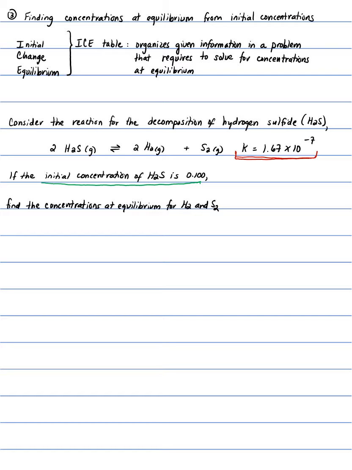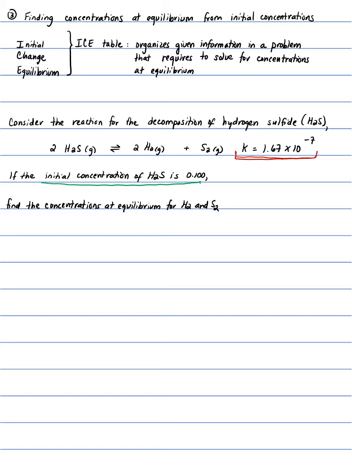What we're trying to find is the concentration at equilibrium for the two products. So we don't have any concentrations at equilibrium given. So we have to use the information that is given in the problem to find those concentrations at equilibrium. And the information that we have is an initial concentration and the numerical value for the equilibrium constant.